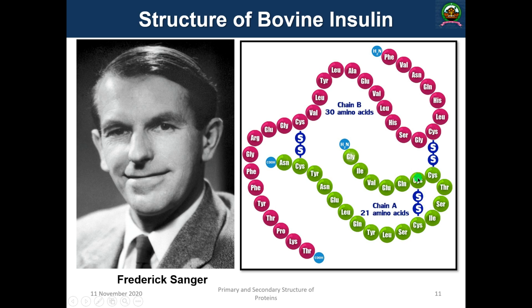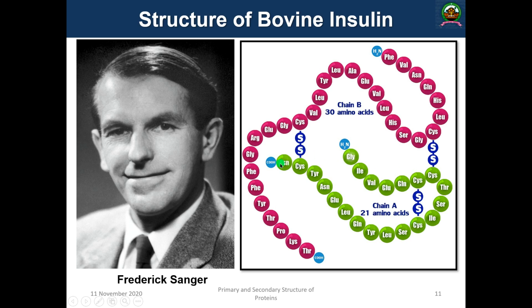Similarly here also, you can see the 19th one. Then within chain A, the 6th and 11th cysteines have a disulfide linkage.